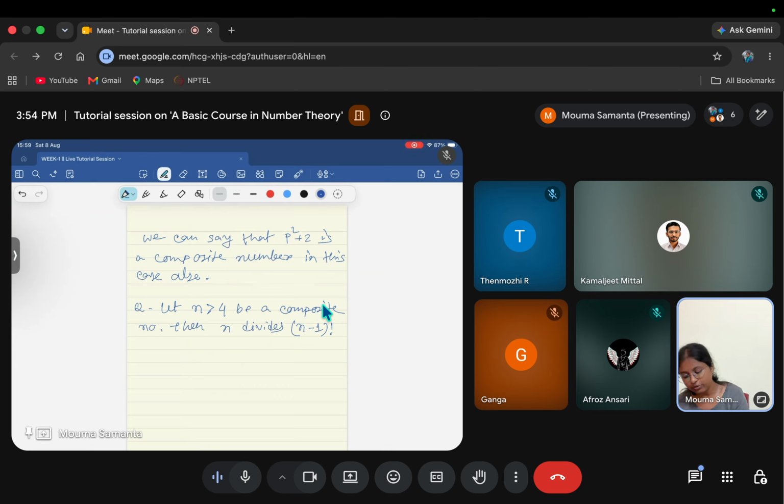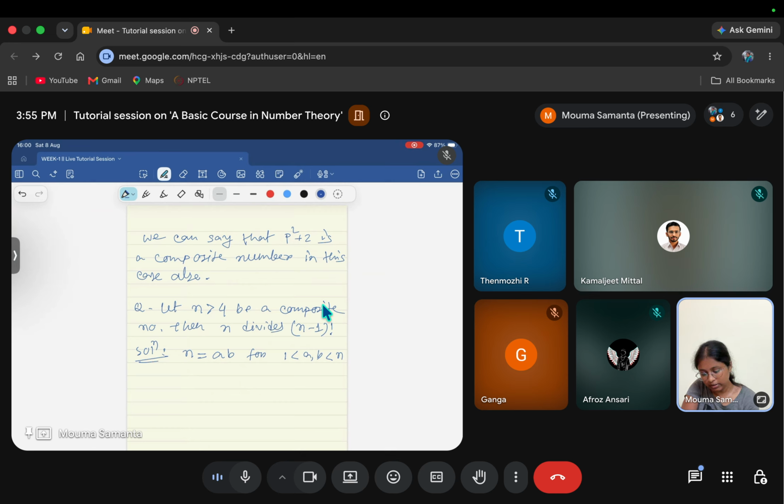So n is strictly greater than 4 and is a composite number. Since n is a composite number, by the definition of composite number, n equals a times b for 1 less than a, b less than n. So this is from the definition of composite number.